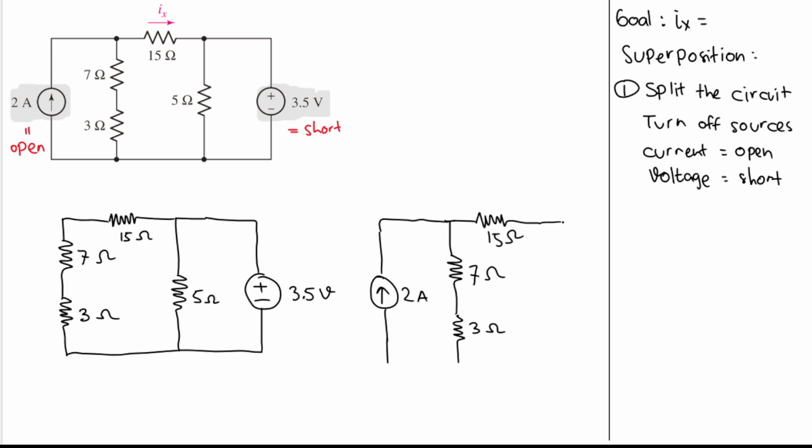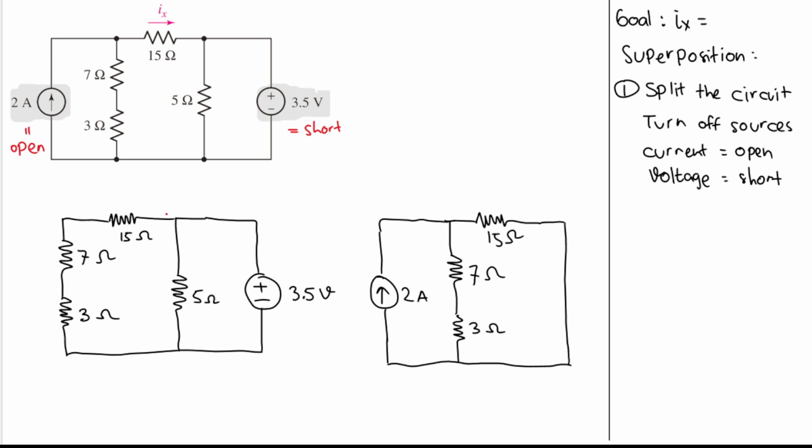And then we have this 5 ohm resistor, but this is shorted. So all the current will pass through this one and not this one, so we can just replace this 5 ohm by an open circuit. So we will have it like this. Right? And so these are the two split circuits.